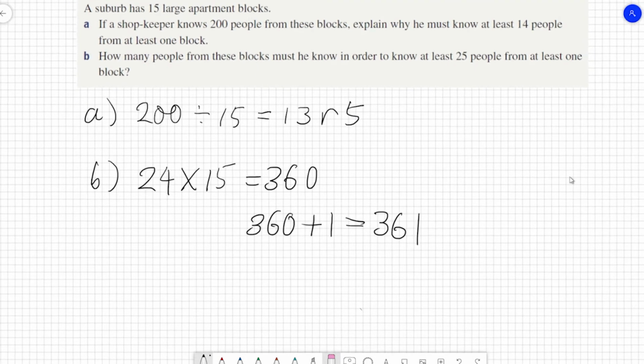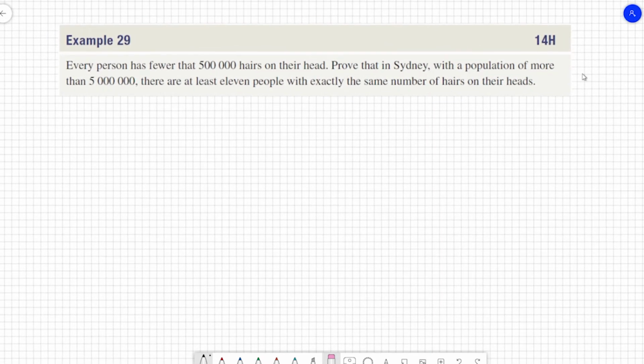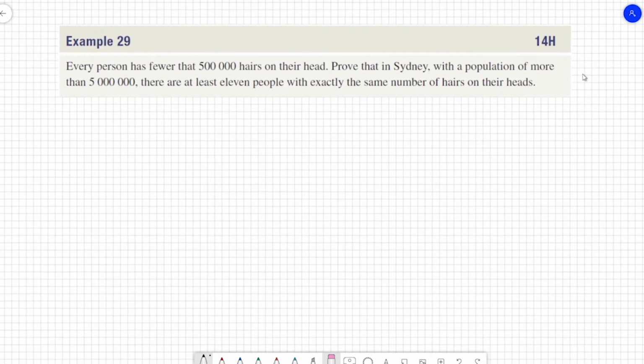All right, let's try another one. This one's slightly different, but we can approach it exactly the same way. Obviously, in this case, the number of hairs are the holes. It goes from 0 to some number less than 500,000.